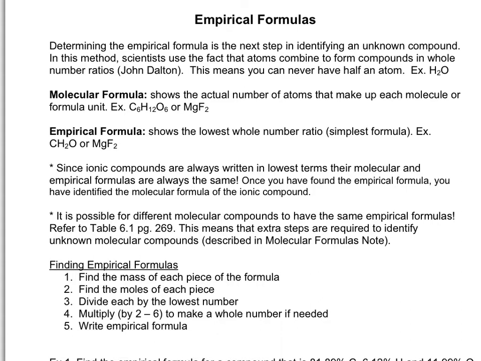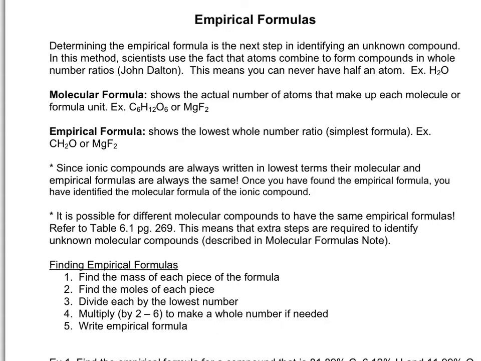The empirical formula shows the lowest whole number ratio, or the simplest formula for the compound. For example, the empirical formula for glucose is reduced to CH2O, and the empirical formula for magnesium fluoride is MgF2.